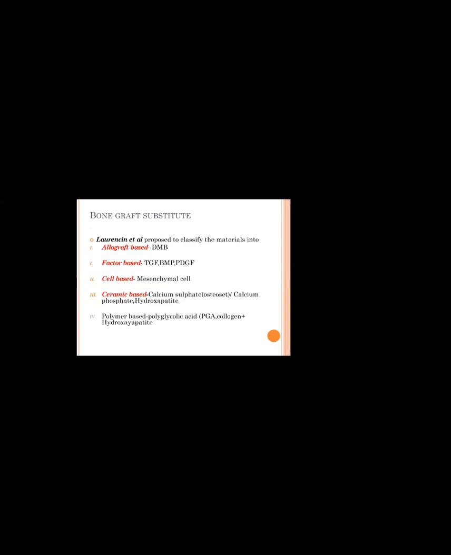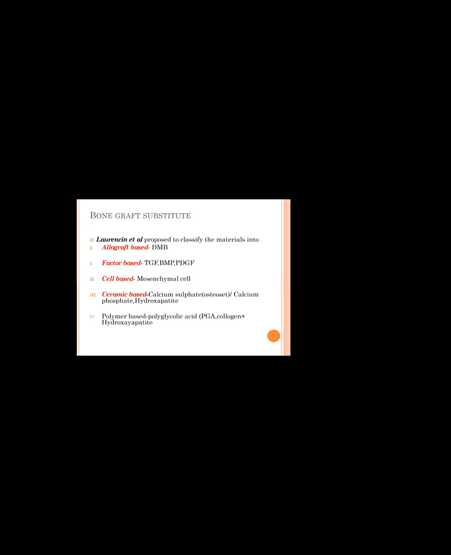Laurencin et al. proposed to classify these materials into one, allograft-based, this includes DBM; factor-based, such as TGF-beta or BMP, sorry, or platelet growth factors. He also classified into cell-based.